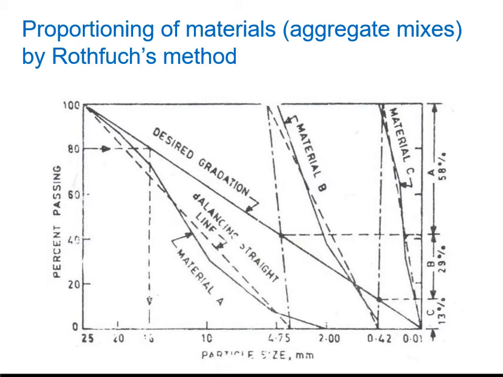The opposite ends of the balancing straight lines of A and B are joined. Here you can see this is the balancing line for gradation A. Here it ends. The balancing line for material B is this. So what we are doing is joining the two opposite ends of the two balancing lines for materials A and B. These two are joined. Similarly between material B and C, this line is joined.